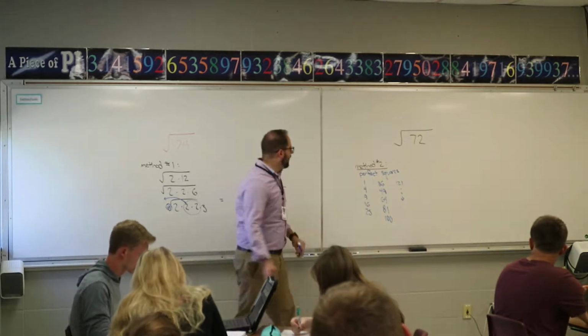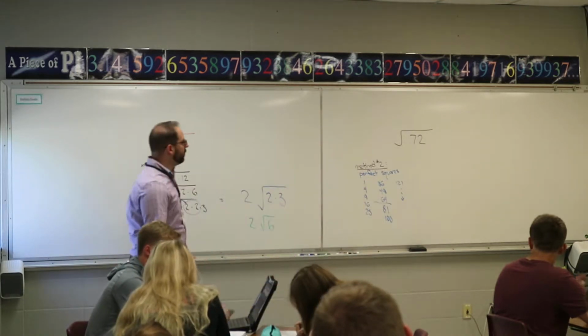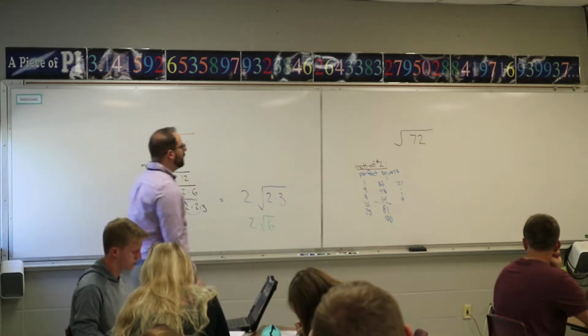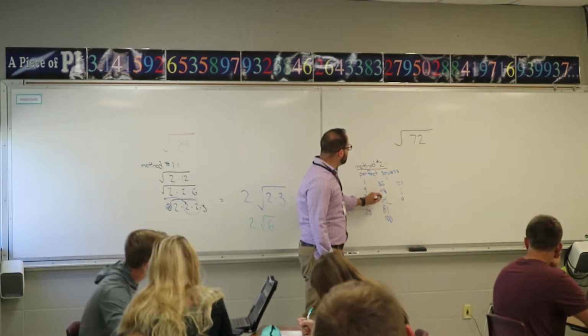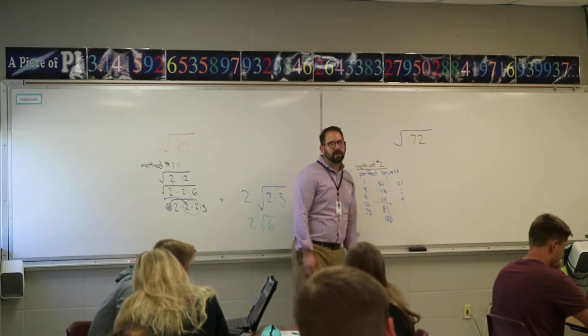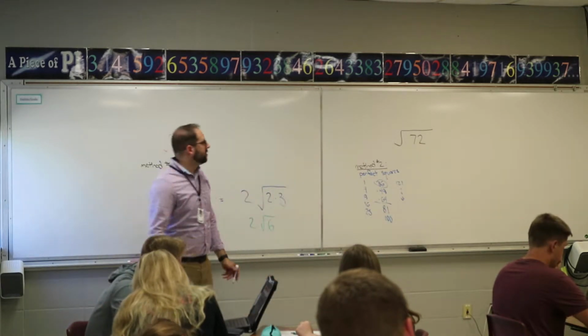Obviously, I'm not going to have to go past 64, because anything past 64 is bigger than 72. I would start here and try to divide 72 by each of these numbers until you find the number that works. I know for a fact 36 works. It's 36 times 2.